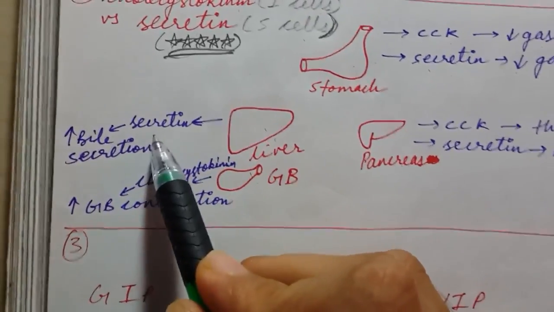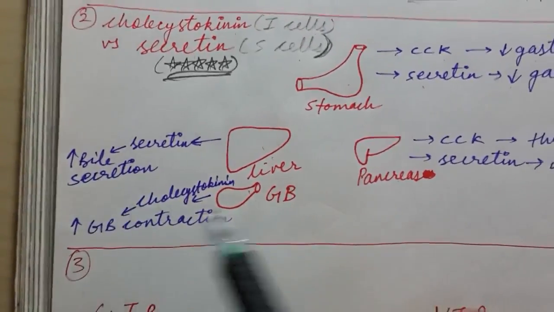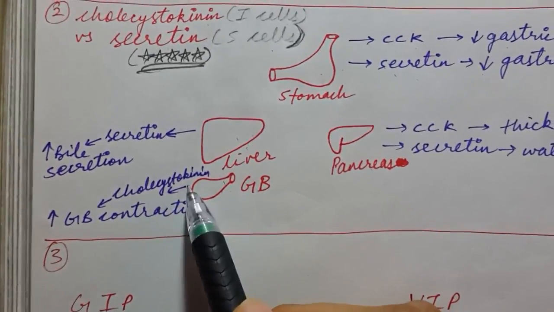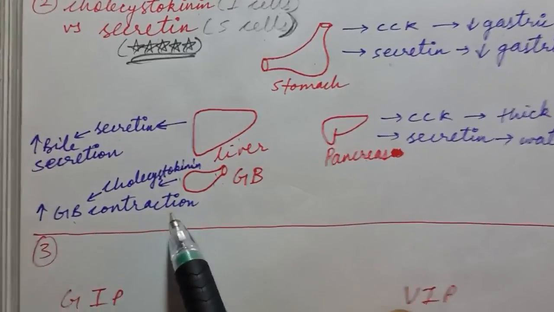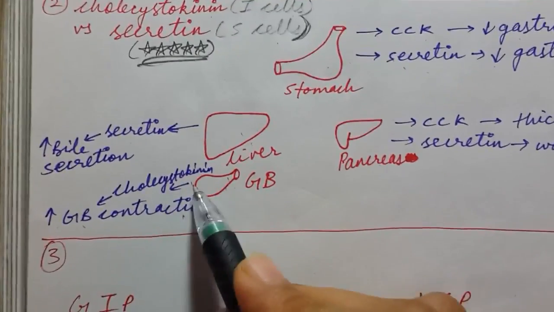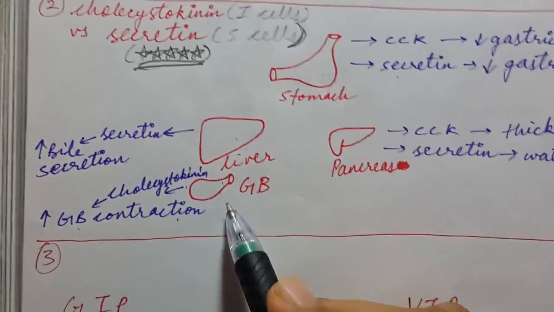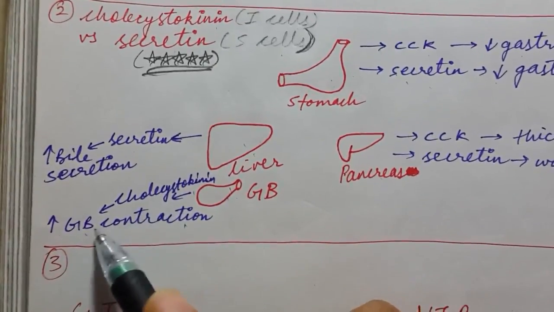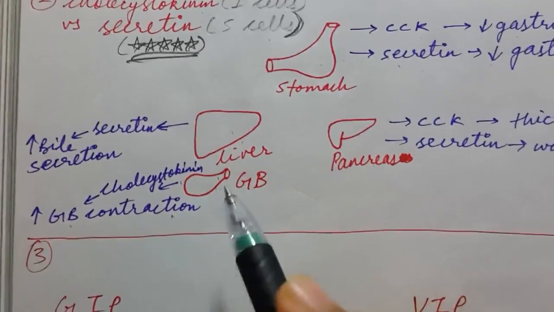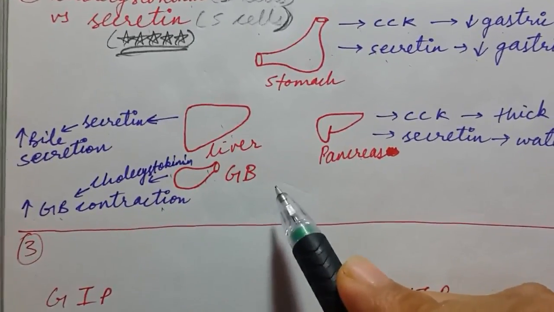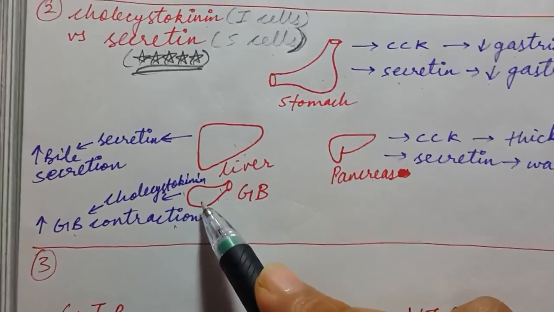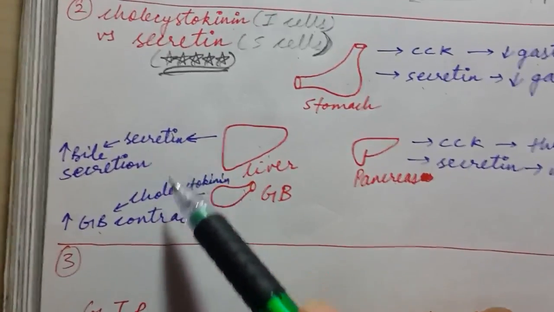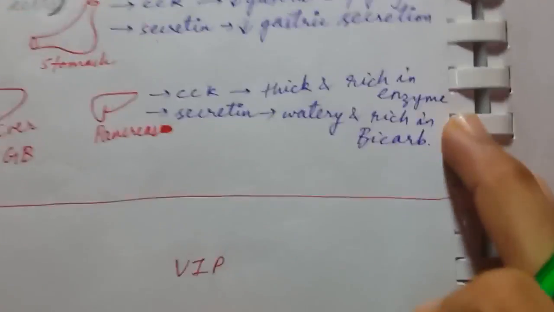In liver, secretin will increase the bile production, while on gallbladder the cholecystokinin will work and cause gallbladder contraction. Also cholecystokinin will cause relaxation of the sphincter of Oddi. So when cholecystokinin causes gallbladder contraction and relaxation of the sphincter of Oddi, both of them will help the bile to reach the duodenum. So that's the effect of secretin and cholecystokinin on the liver.